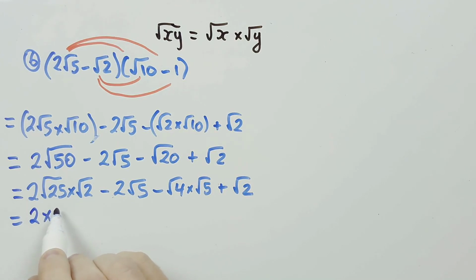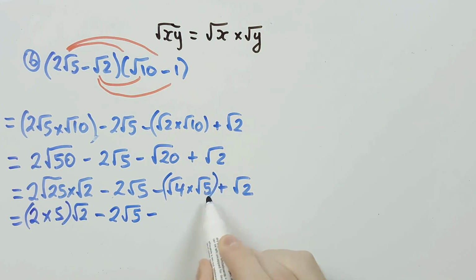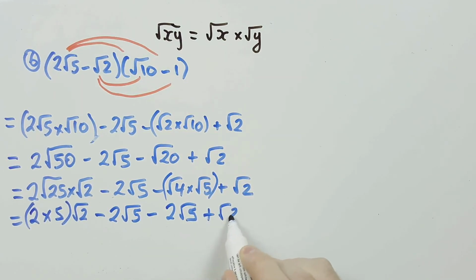Root 25 is 5, and we're left with 2 times 5 root 2 minus 2 root 5 minus, and then simplifying this component here, we end up with 2 root 5, and we're left with plus root 2.